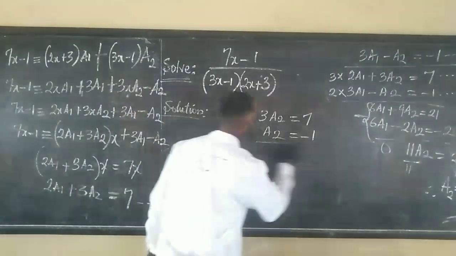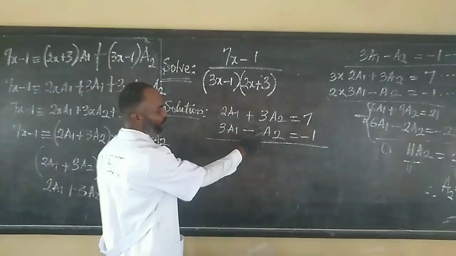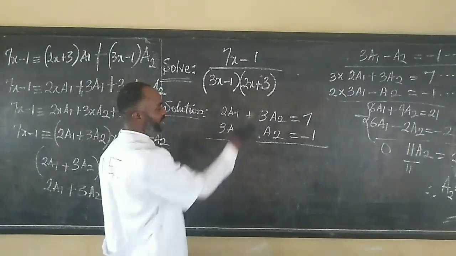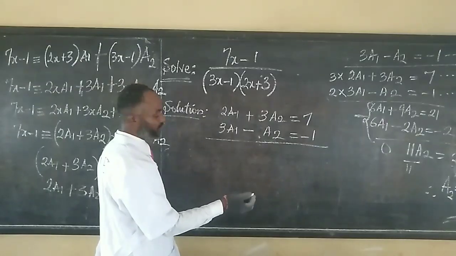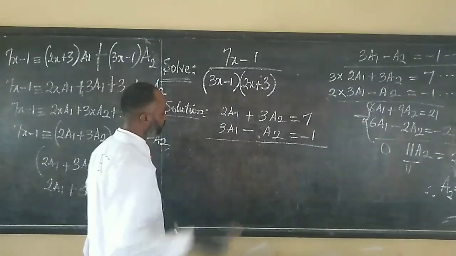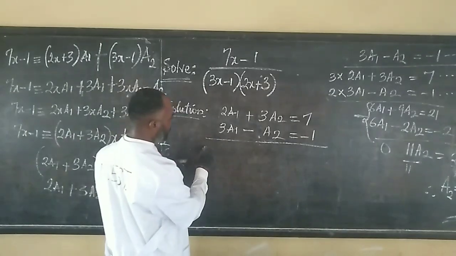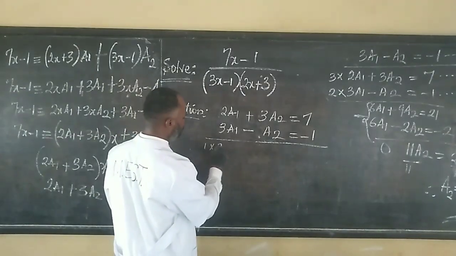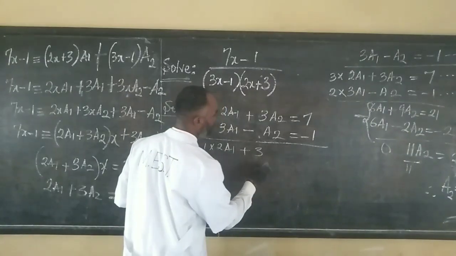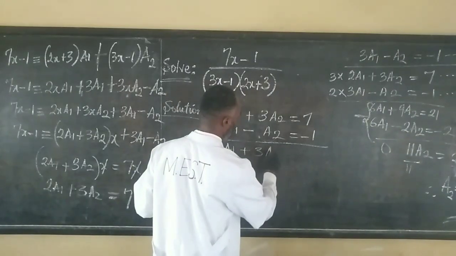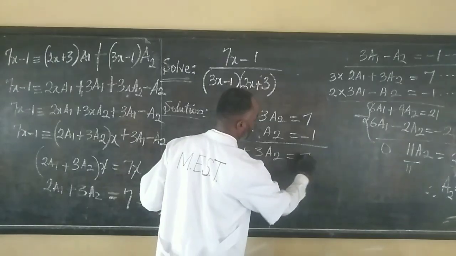Very simple. The coefficient here is 1. The coefficient there is 3. So we interchange as usual. Interchanging gives 1 times 2a1 plus 3a2 equals 7.